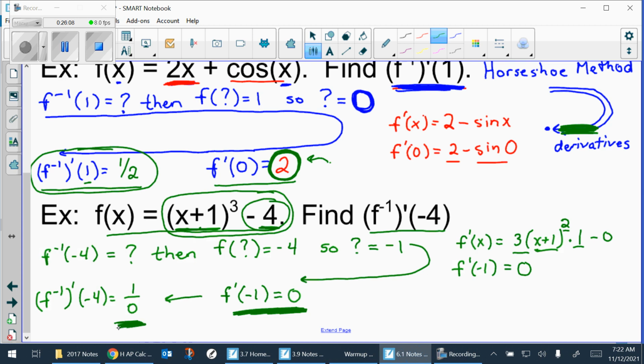What kind of line is that when it's got a derivative of 1 over 0? I think what we're going to write here is that this 1 over 0, we're going to say that slope is infinity. We're going to get ourselves a vertical line.